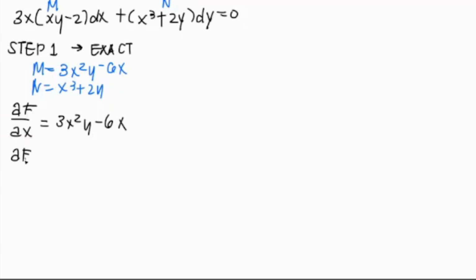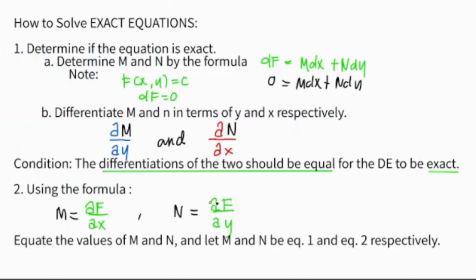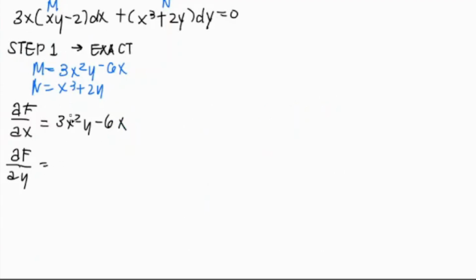And df over dy daw is N, so N is x cubed plus 2y. So, yan yung step 2 natin.